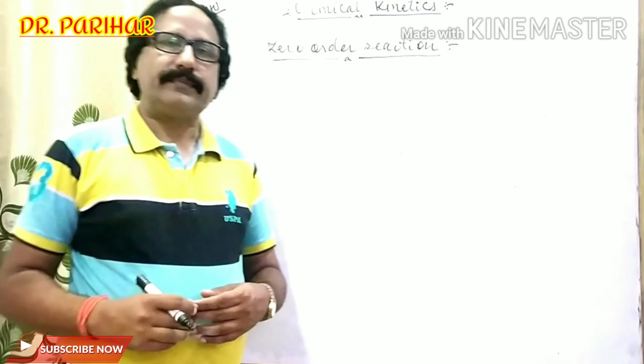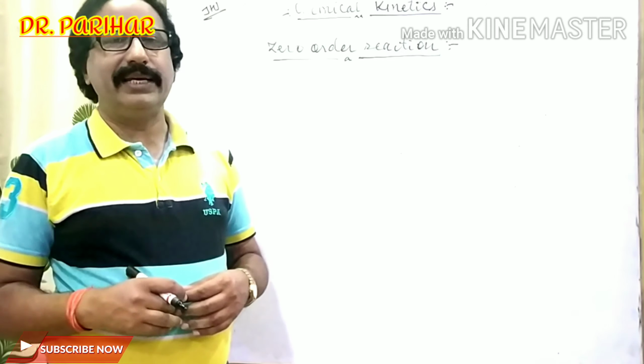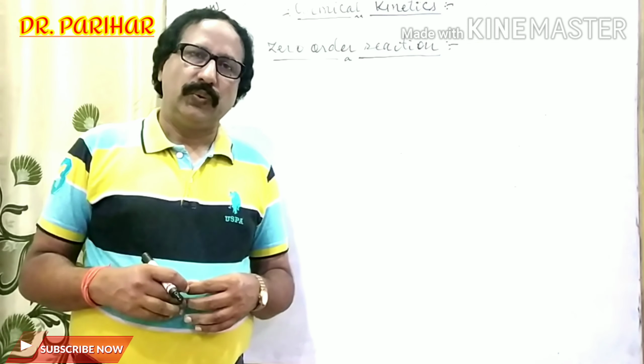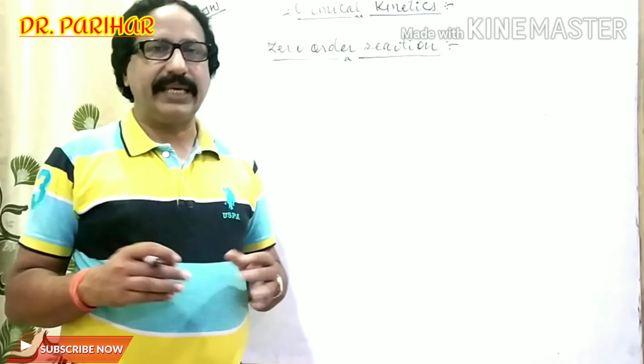Simply, all the chemical reactions whose rate equation has the sum of the power of the concentration of reactants equal to 0, such chemical reactions are counted under zero order reactions.